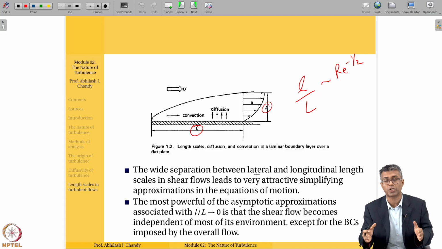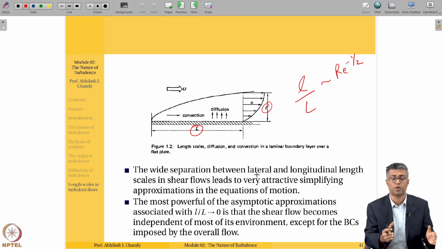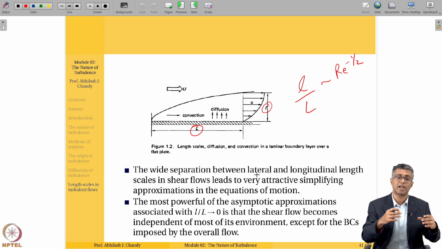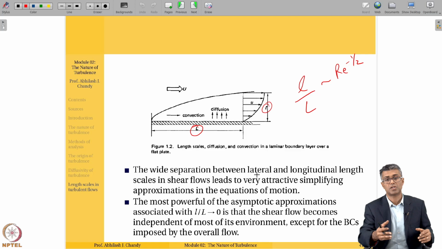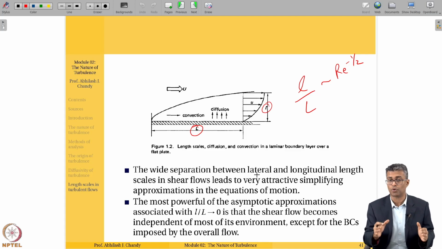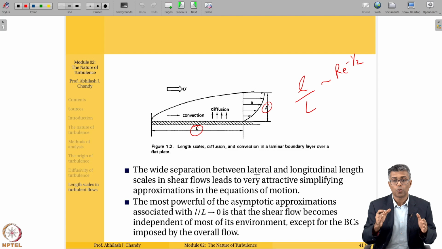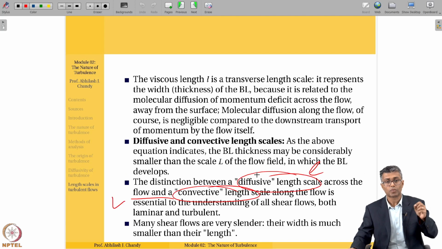Prandtl's boundary layer equations were based exactly on this point, as in small l is much less than capital L. So that is why he was able to make assumptions and come up with a set of equations. Blasius eventually came up with a solution for that, but he assumed the flow to be laminar. So we have taken these two length scales and applied them to the turbulent flow as well.